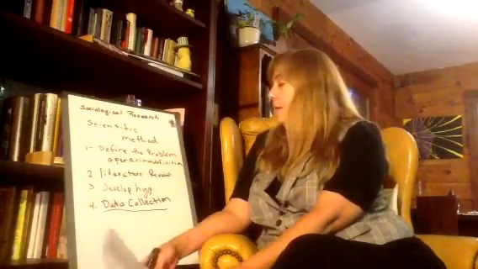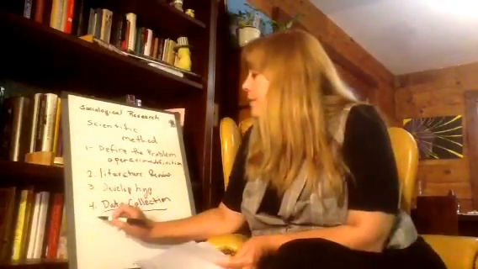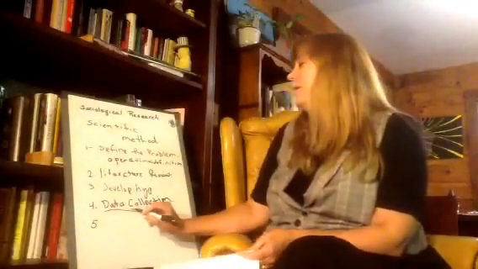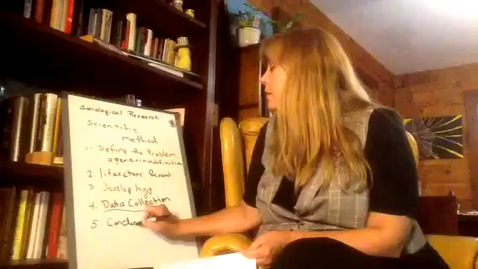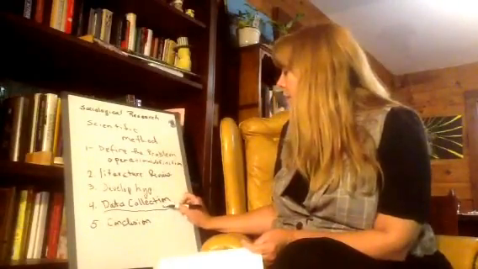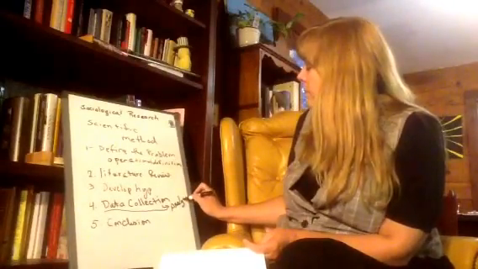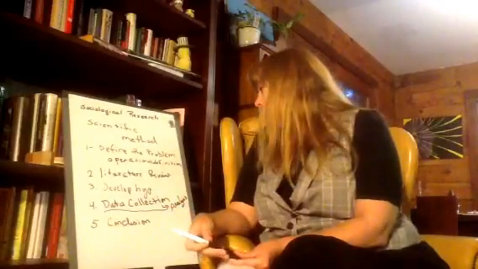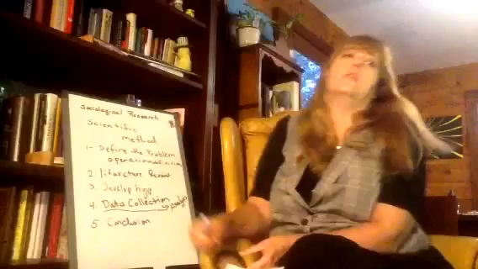Once we have obtained our data, then we go on to our fifth step, which is developing our conclusion. Once we've developed our data, we also run our analysis. So if you're working with numbers, you're going to do your statistical analysis after you've collected it, and that's going to lead you to your conclusion.